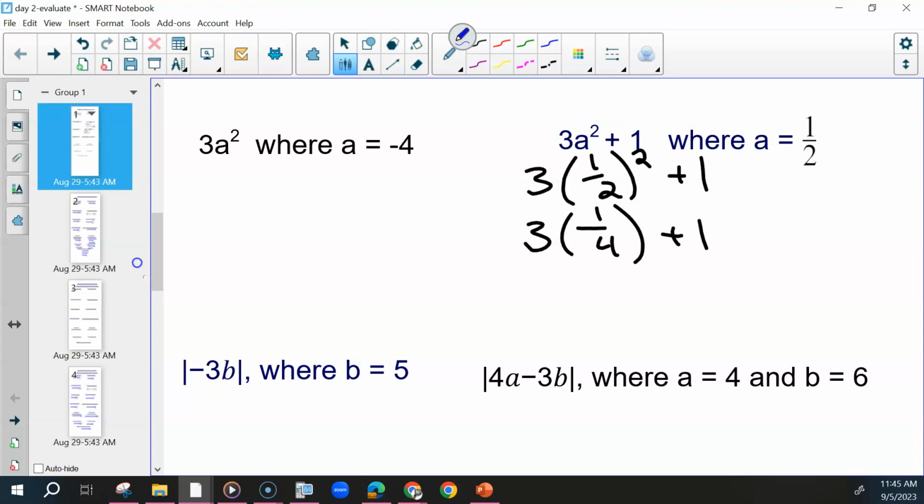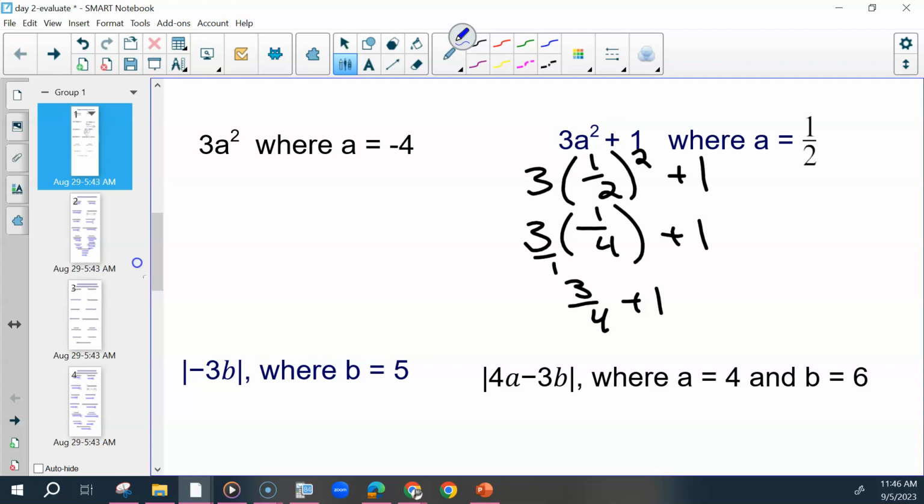And then order of operations, we would multiply next. So again, if you're multiplying by hand, this would be over 1. You would multiply across. And then add these two. When you add these two, make sure you get an improper fraction, not a mixed number. So where the numerator is bigger than the denominator. 5 over 4.